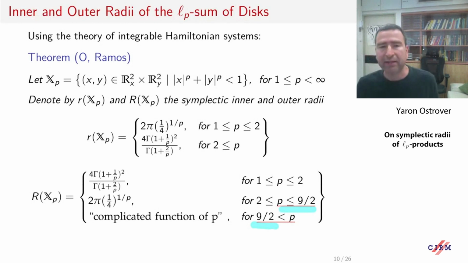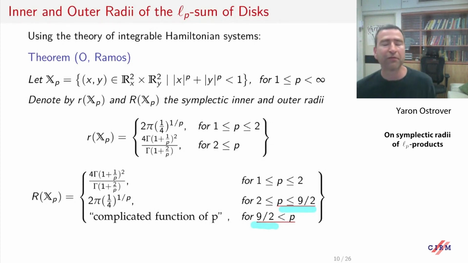And I have to say that I don't completely understand this phenomenon. From the Hamiltonian dynamics point of view, I don't see any particular meaning to this particular value, 9/2. I will explain how it enters the proof, but I don't completely understand why this phase transition appears from the Hamiltonian dynamics point of view.